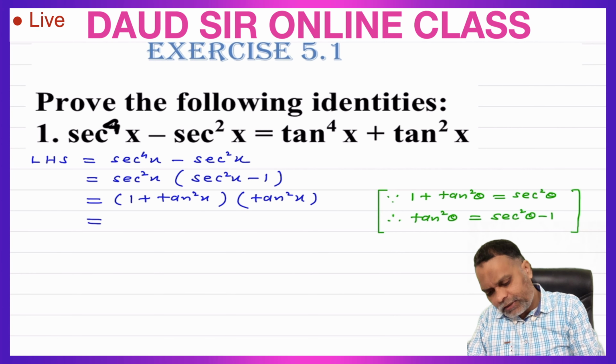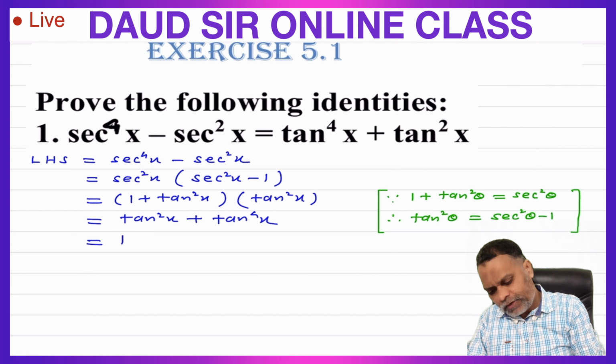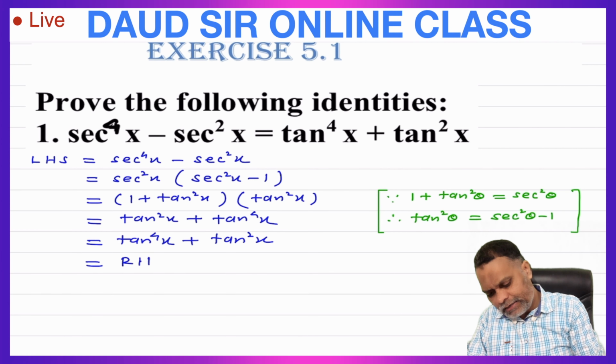Multiply this tan square x in both the terms: 1 into tan square x plus tan square x into tan square x, tan raised to the power 4x. We can write this as tan raised to the power 4x plus tan square x, which is equal to the right hand side.